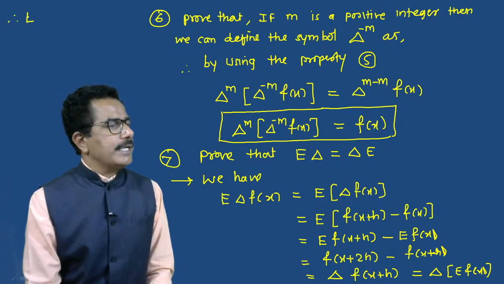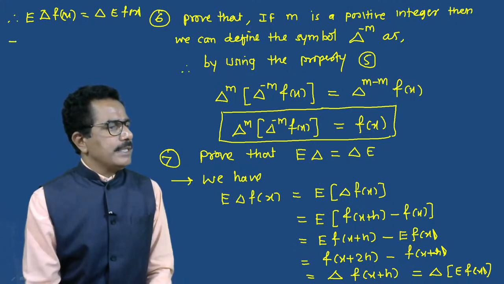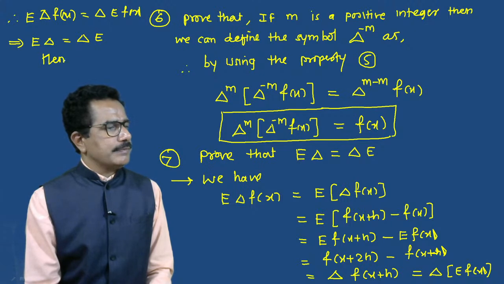Therefore, we can write E of delta f of x, which is equal to delta E of f of x. This implies that E delta is equal to delta E, and hence proved.